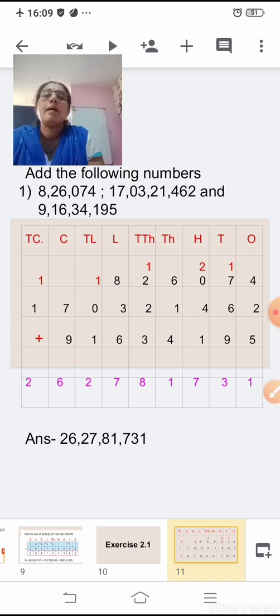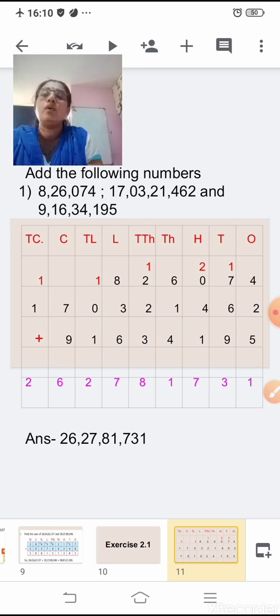Now see the first number, it is 8,26,074. So accordingly, I have written the number 8 in the lakhs place, 26 in the thousands place, and 74 in the tens and ones place. Now the second number, since it is a 9-digit number, the number 17 will be written in the crore column.